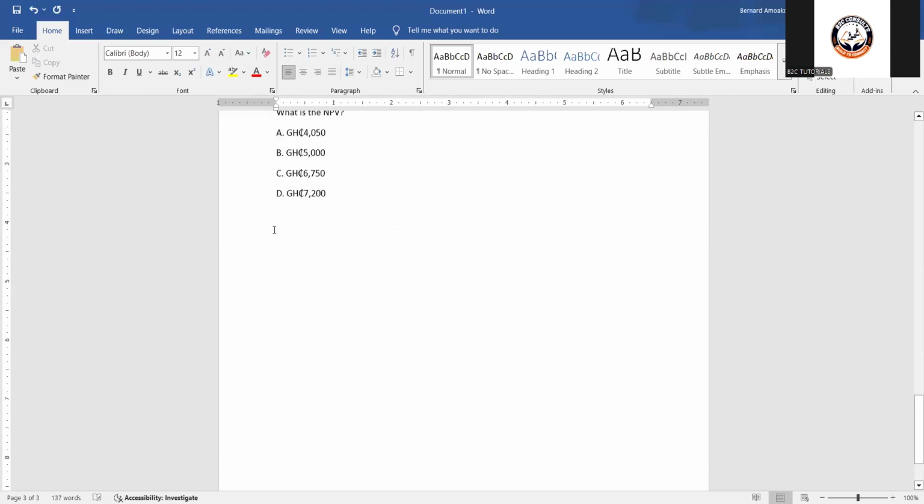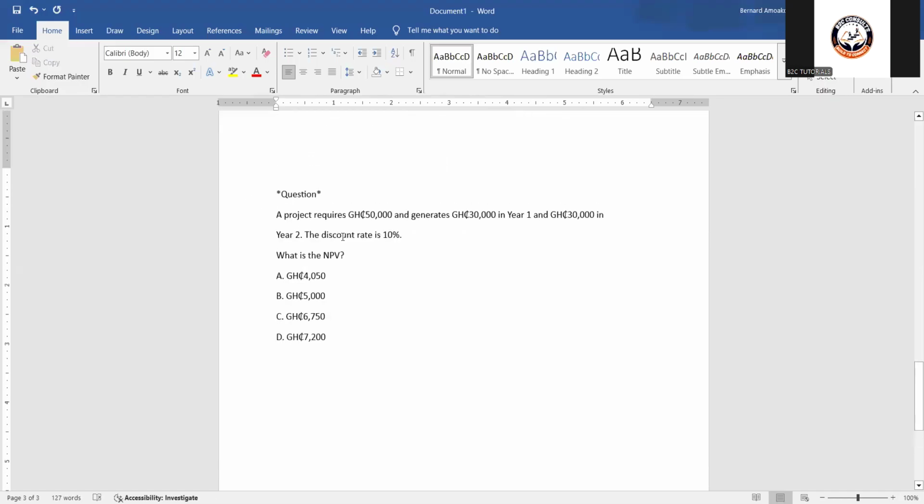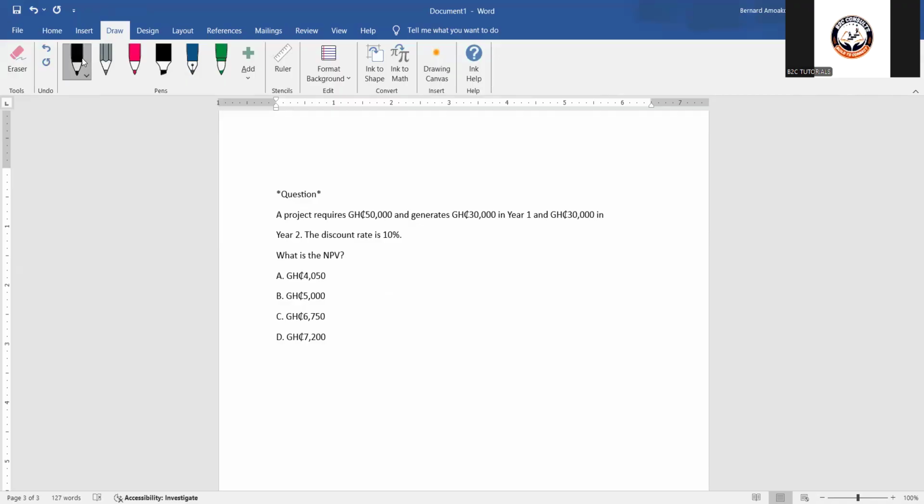So assuming you read the question and it has no discounting factor, but it has the discount rate and the number of years, that is when we can go ahead and use the calculator.